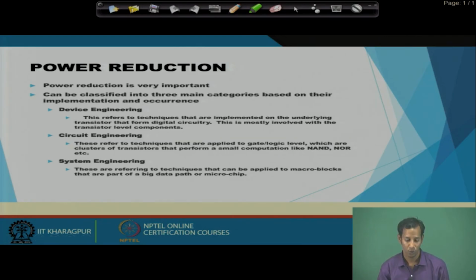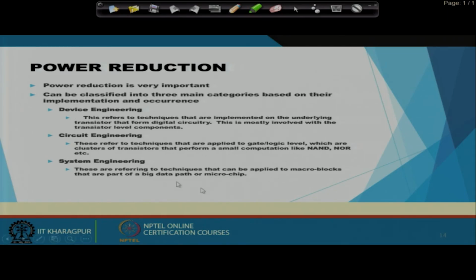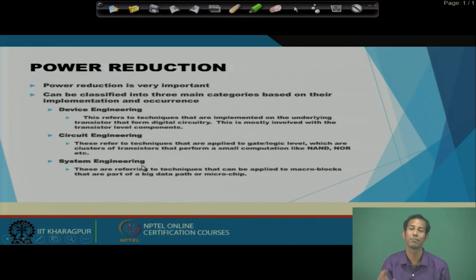And as you go up in the VLSI design flow, the less reduction in power consumption you can achieve. Then system engineering refers to the techniques that can be applied to macro blocks that are part of a big data path or microchips.